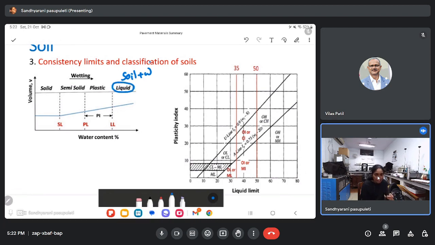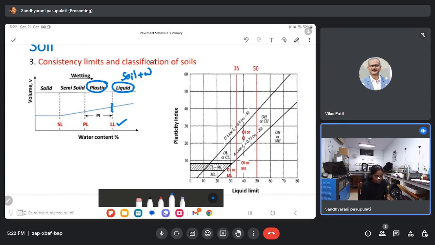That means it is very sloppy and flowing in nature. From that state to the plastic state, it is slowly getting solidified because we are removing some of the water through evaporation. After a particular amount of water limit, the soil state changes from liquid state to plastic state. That is what we call the liquid limit.